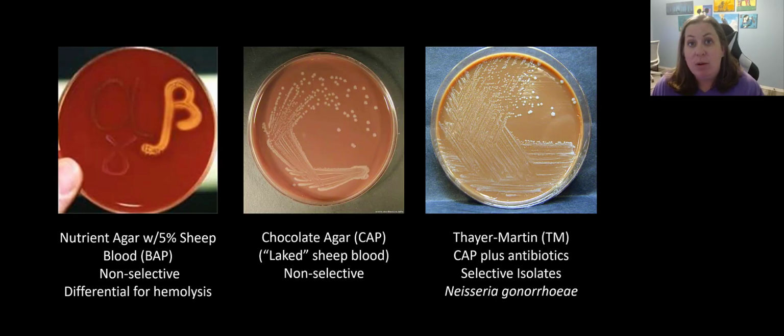So here are some examples. These are different types of agars that have blood on them, so they're types of blood agars. The first one is just a nutrient agar with 5% sheep blood. We call this a BAP or a blood agar. This agar is non-selective. Lots of things can grow on it. You can see here that there's different stuff growing on it.